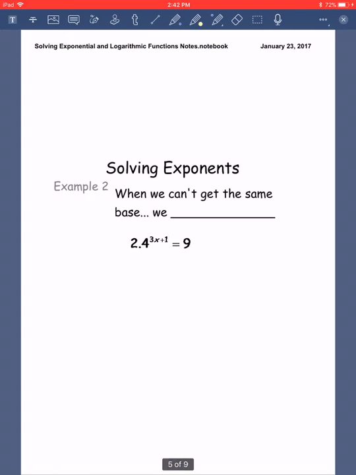Now, when we can't get the same base, what we do is we take the log of each side. So here, I have 2.4 raised to the 3x plus 1 power equals 9. So 2.4 and 9, there's nothing I can do to rewrite them as the same base.